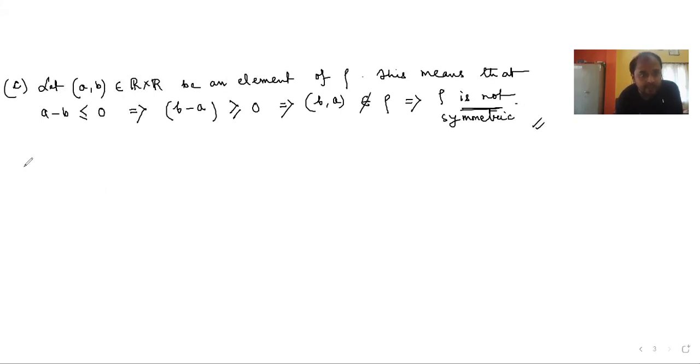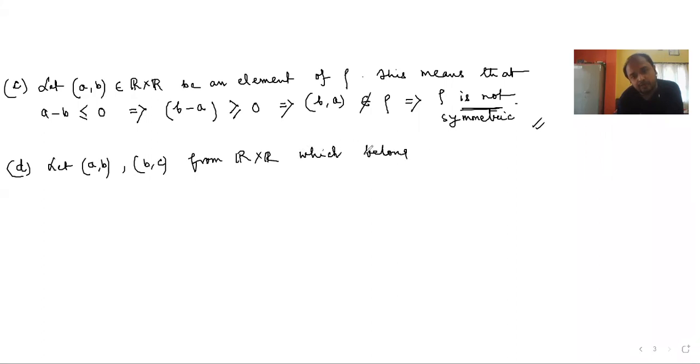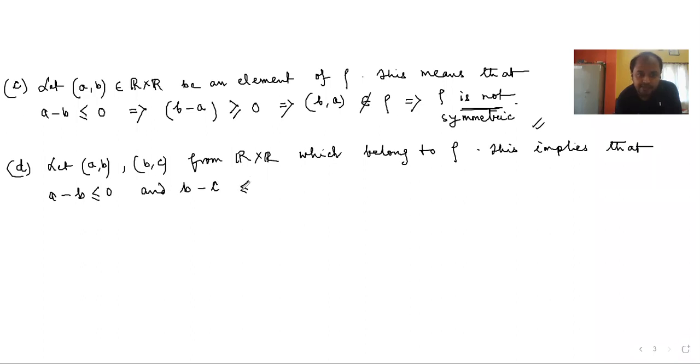Number D, let us choose (A, B) and (B, C) from R cross R, which belong to rho. This implies that A minus B is less than or equal to 0 and B minus C is less than or equal to 0. Now we can add them together.